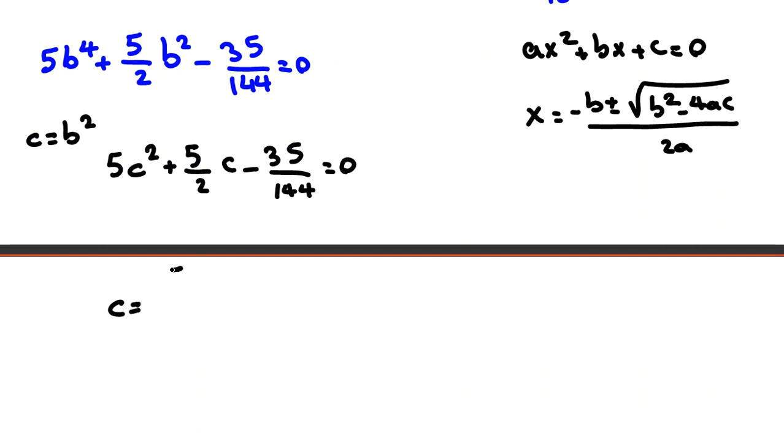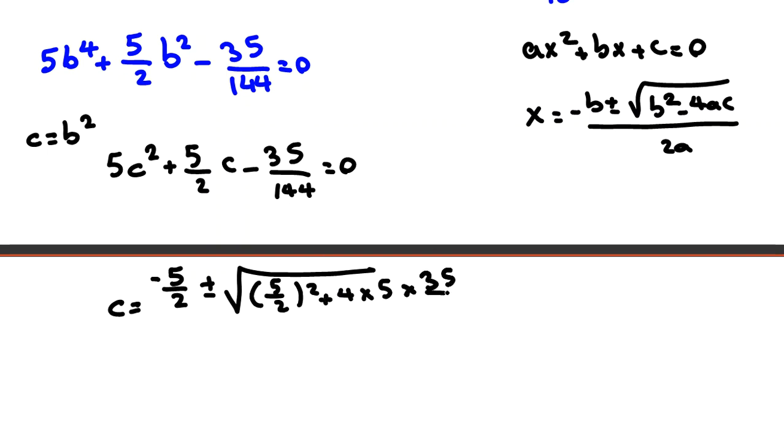c equals negative b plus or minus the square root of b squared minus 4ac, all over 2a. Here it is negative 5 over 2 plus or minus the square root of (5/2) squared minus 4 times a times c; because c is negative, it will be plus, times 35 over 144, all over 2a, which is 10. Let me write the rest of that with green.